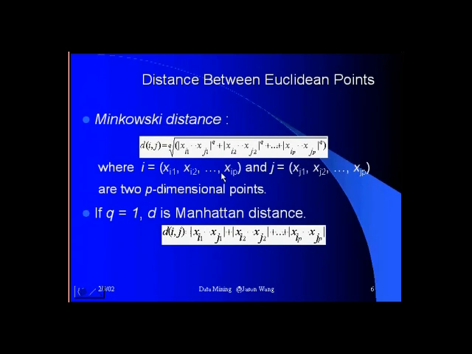You sum up all these absolute values, add up all of them together. That gives you the Manhattan distance between point i and point j.